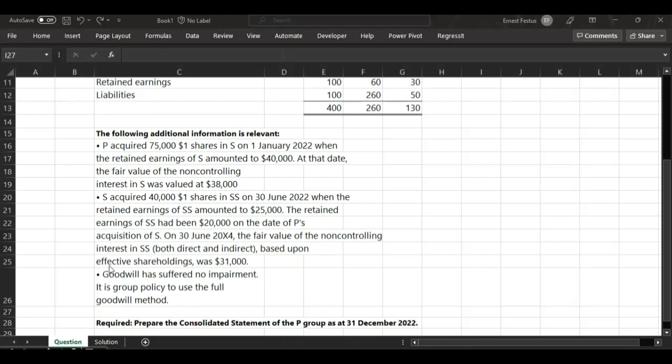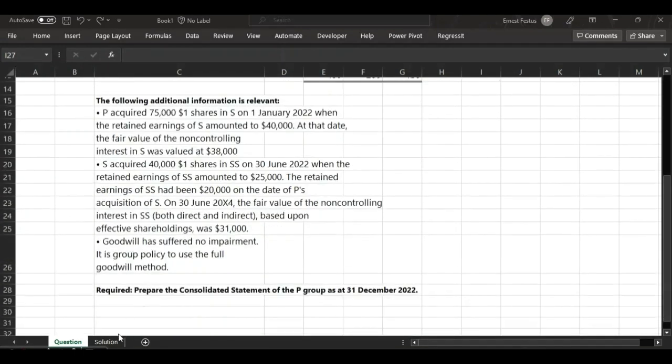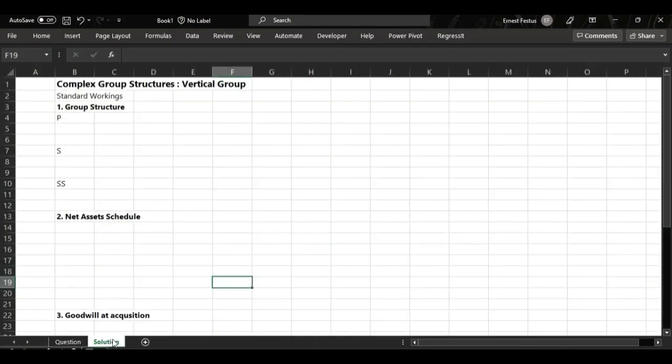So this is our question that we are going to use to illustrate the five standard workings model of solving complex group structures.